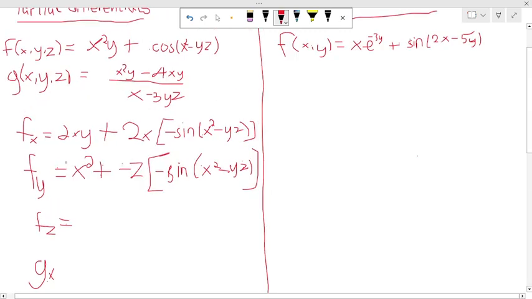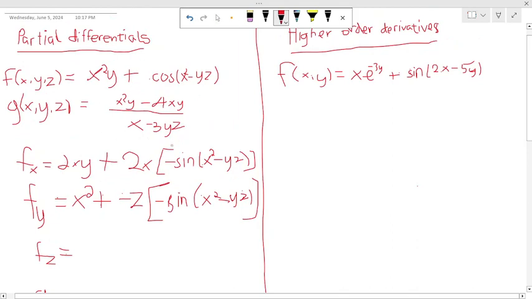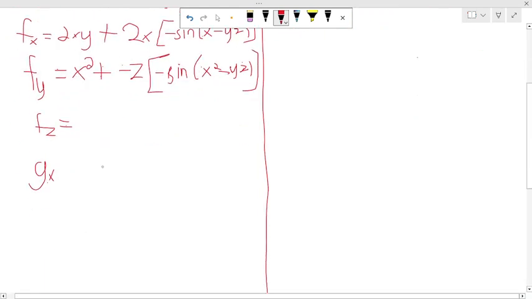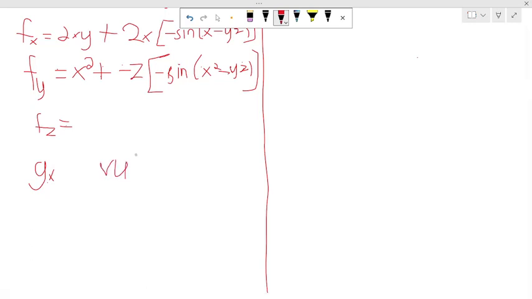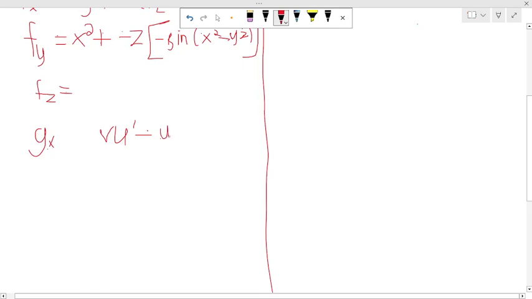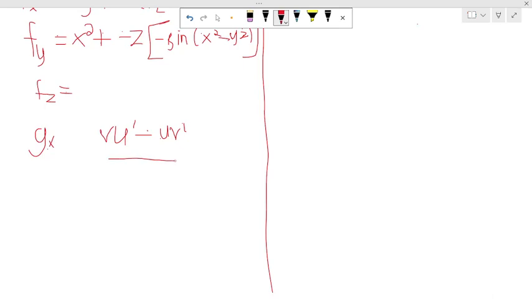We need to note that this expression is a fraction, or a quotient, so we are going to use the quotient rule. And we already know from Calculus 1 that the quotient rule is v u prime minus u v prime, all divided by v squared.